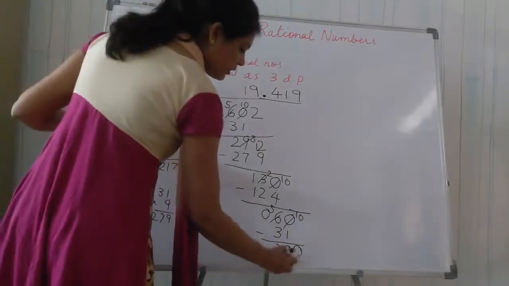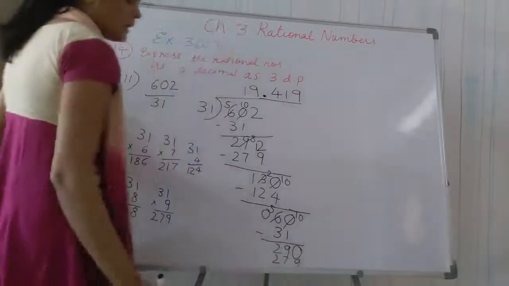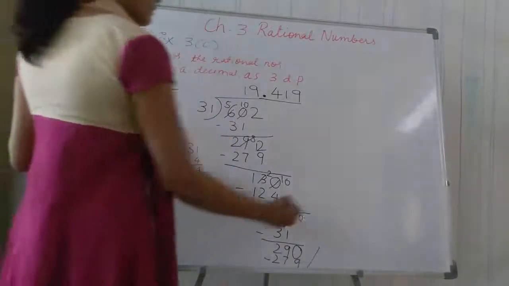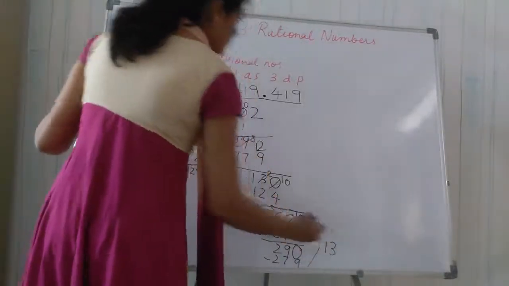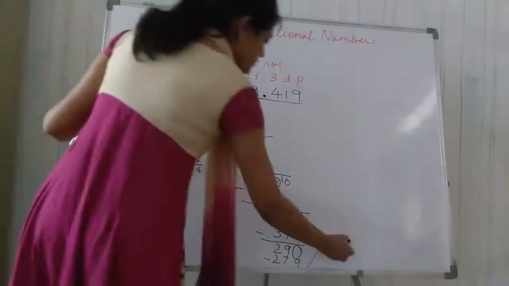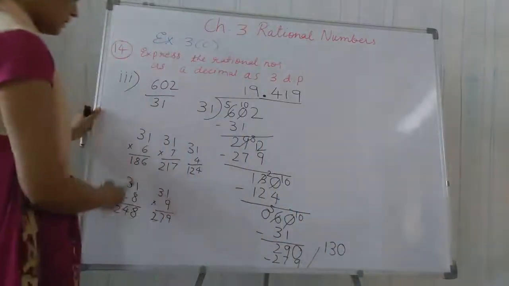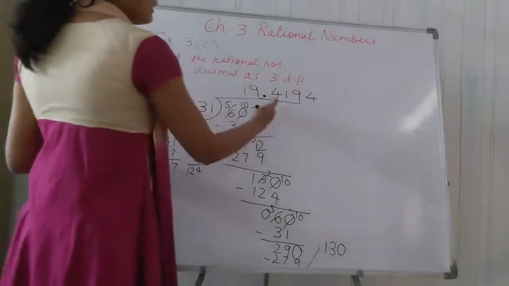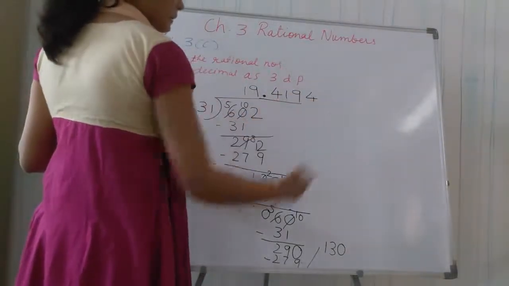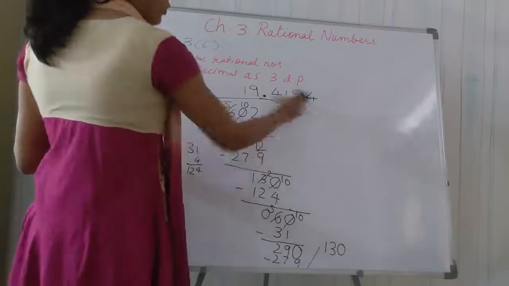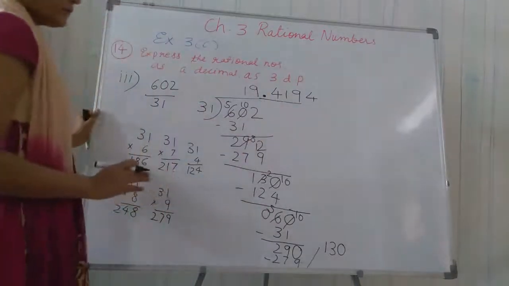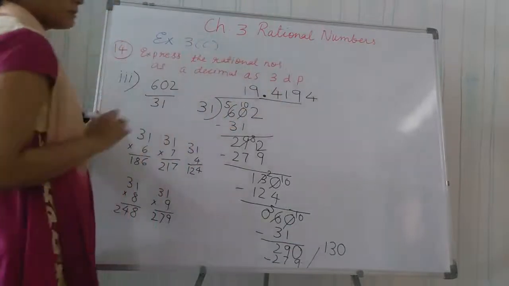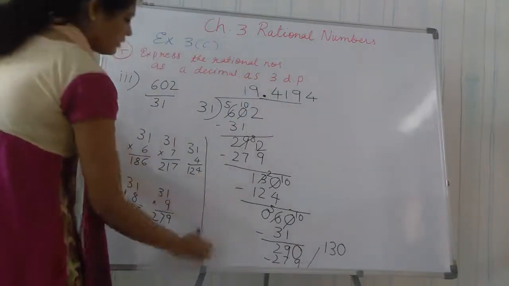I can put here 279, and subtracting I get here 13. So again I can put 0, and for 130 the smaller number is 4s are. So you can see now students, these numbers are repeating. So up to the 4th place I have found here, and what the question wants is up to 3 decimal place. So this is my rough work.